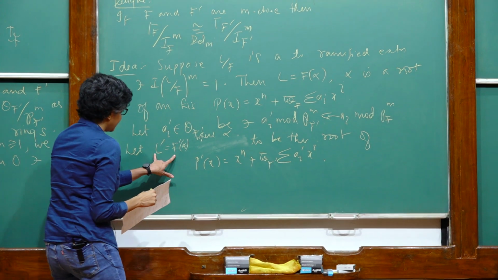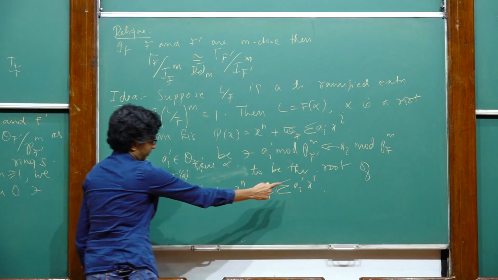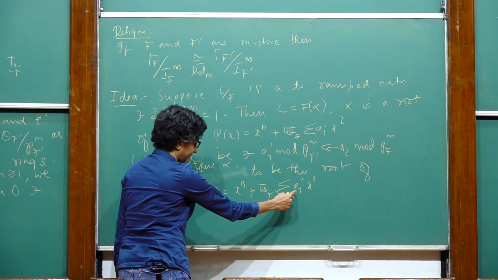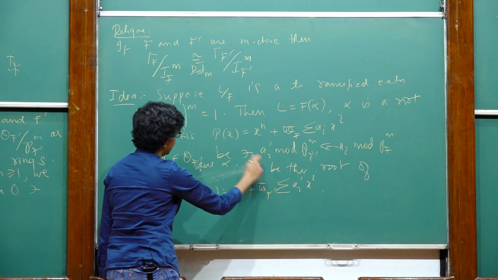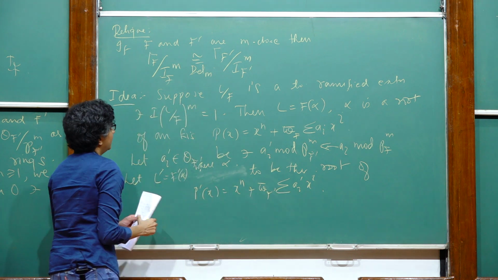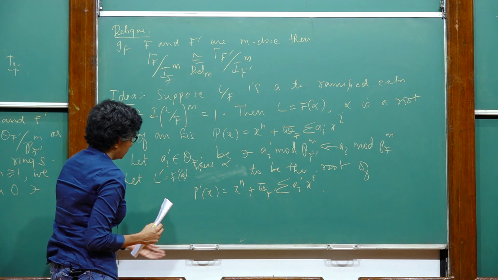That's how you construct this extension L prime over F prime. There are many things to check here. For example, I think he shows that this does not depend on the choice of the a_i's using this condition. This is the idea of the proof of this isomorphism of Deligne.